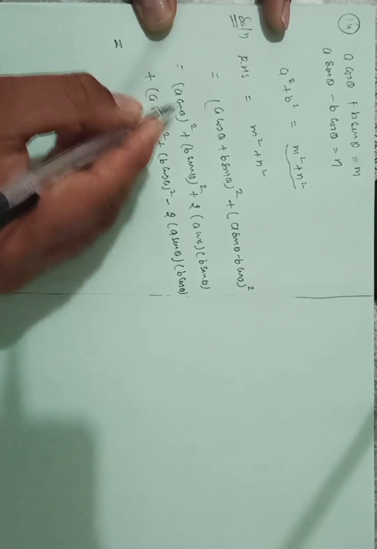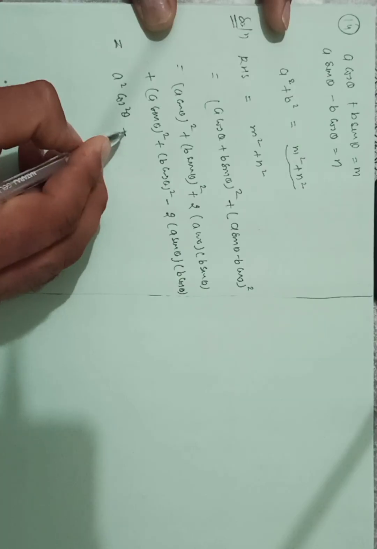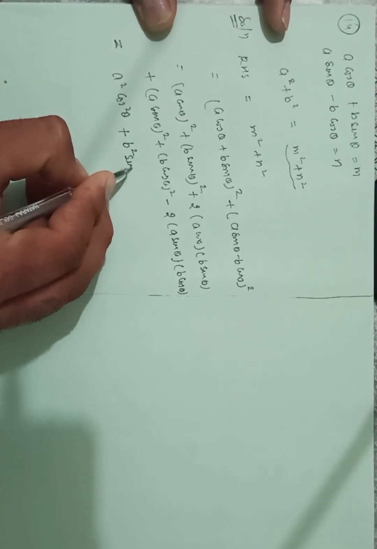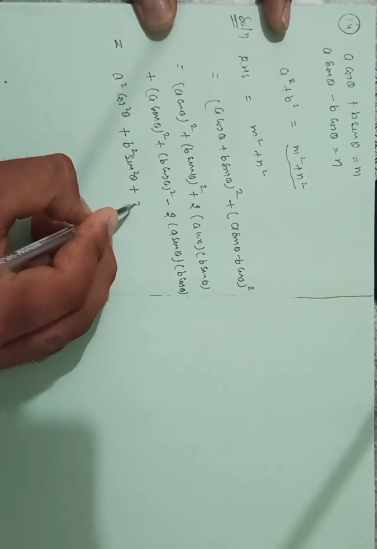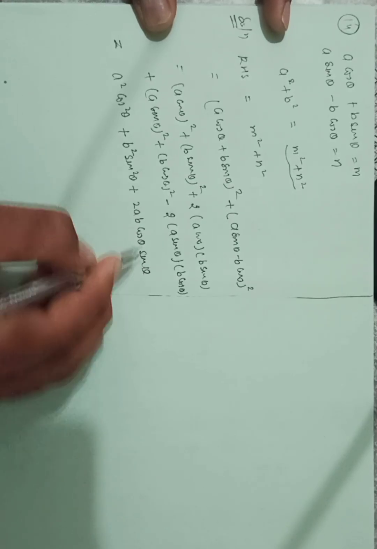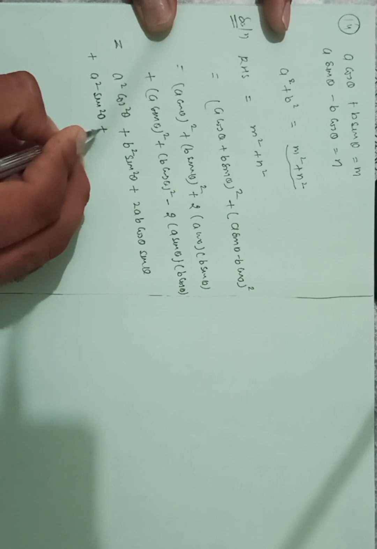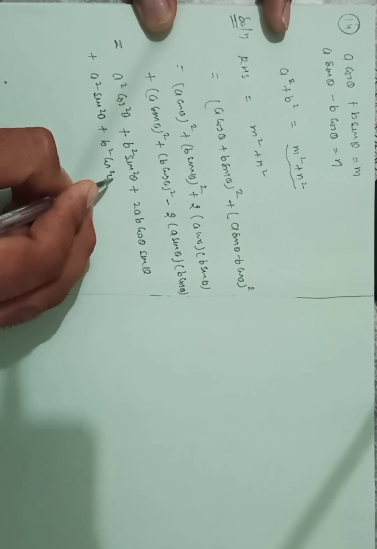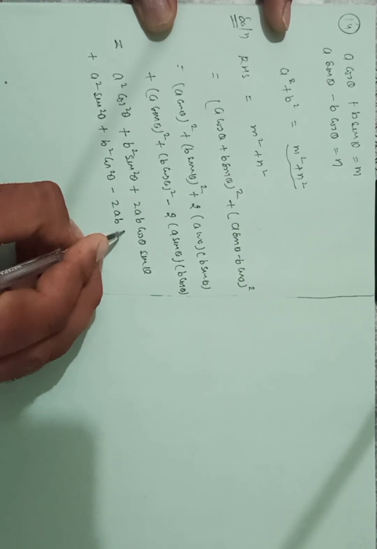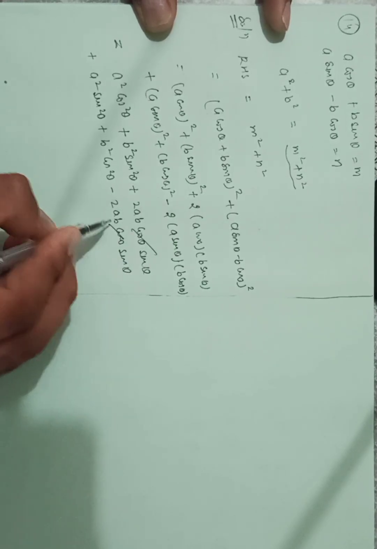Okay, now solve this further. This will become a square cos square theta plus b square sin square theta. This will become 2ab cos theta sin theta, and here we will have a square sin square theta plus b square cos square theta minus 2ab cos theta sin theta. Now you can clearly see this will be cancelled.